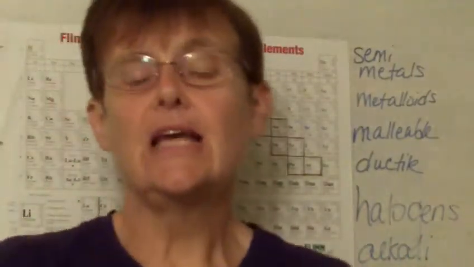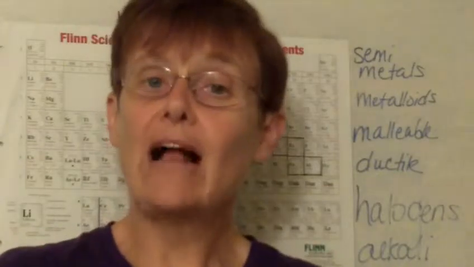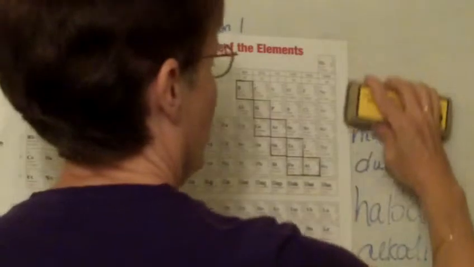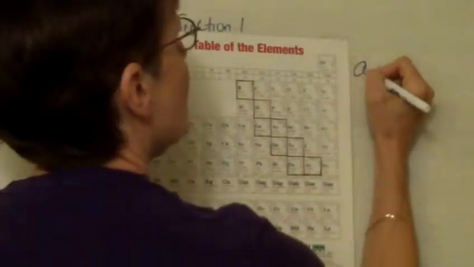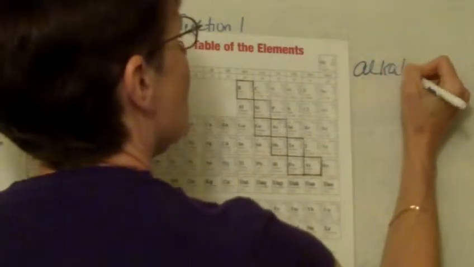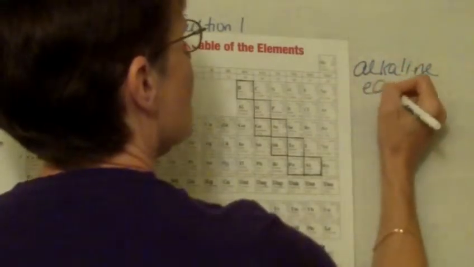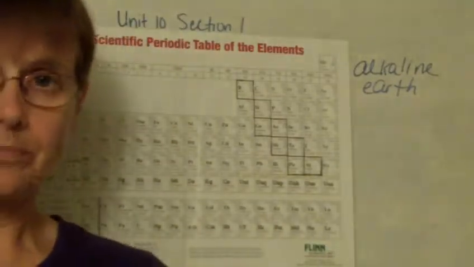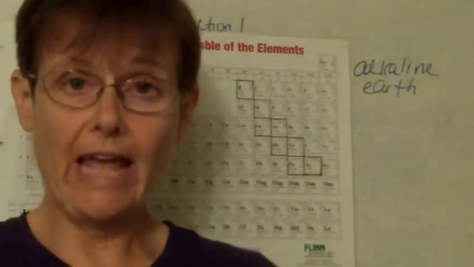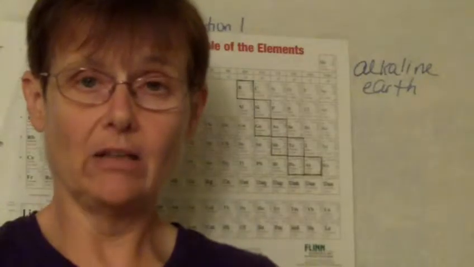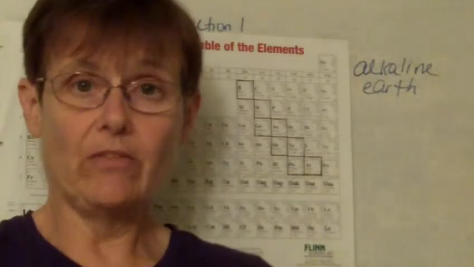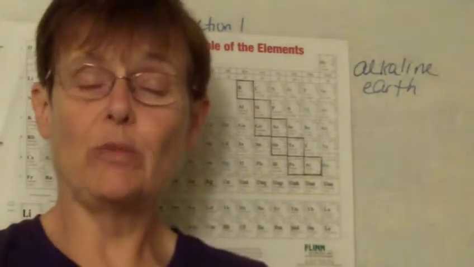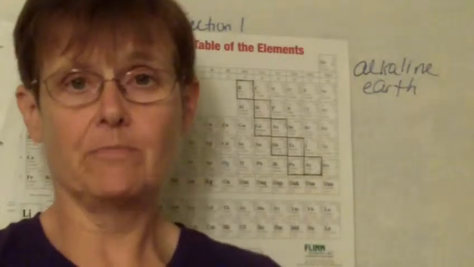And group 2A are called alkaline earth metals. So we have names for 1A, alkali metals, group 2A, alkaline earth metals, group 7A, which is called halogens, and group 8A, which are the noble gases.